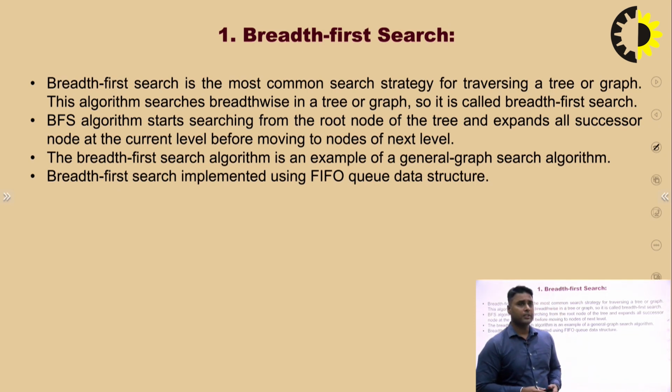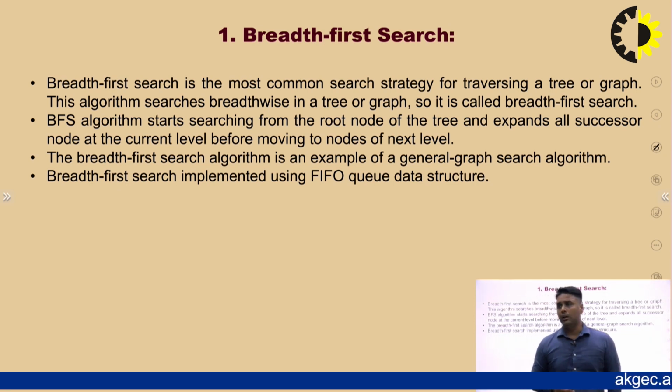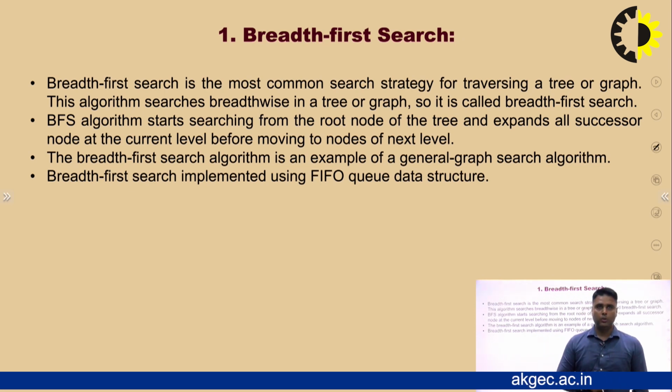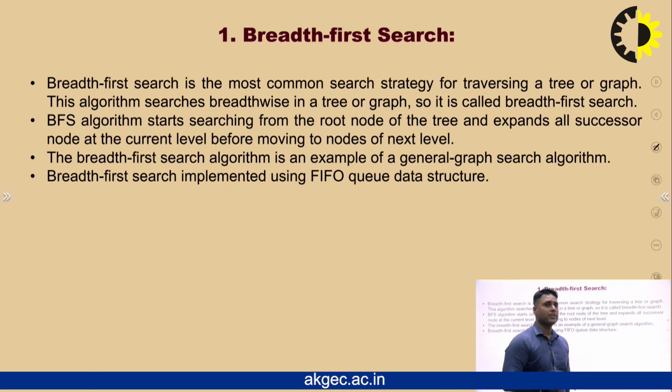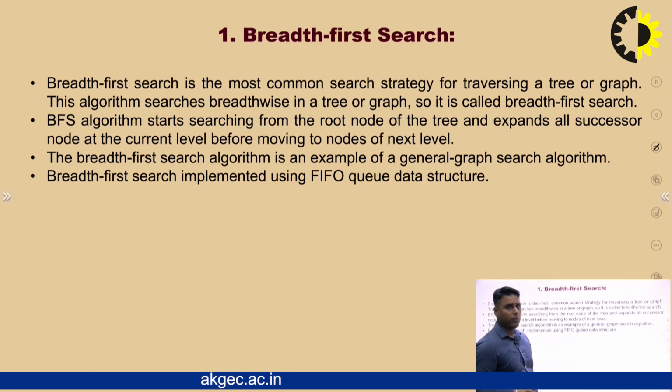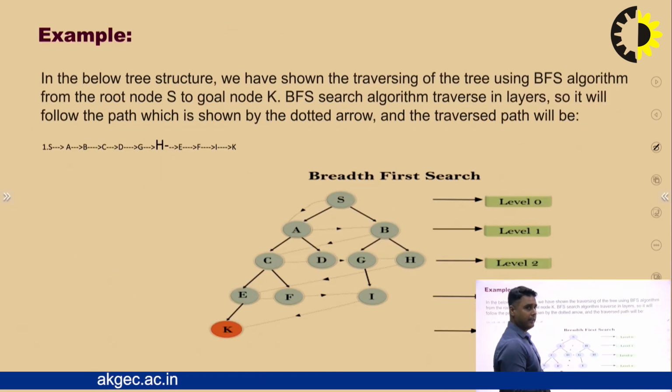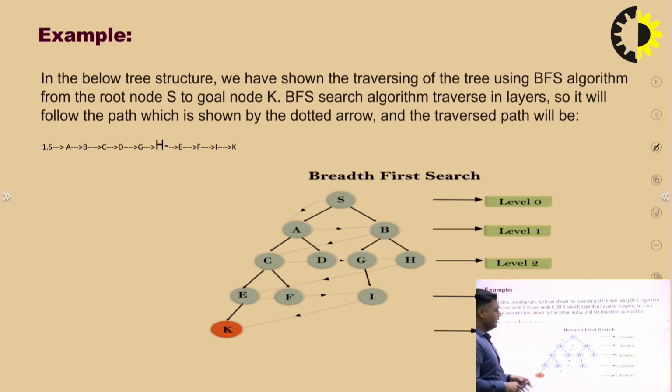In breadth first search, I have to use a queue data structure. A queue follows the first in first out technique. I have taken one example here and will discuss how breadth first search works. Here a simple tree is given, S is the root node, and then there are some child nodes.